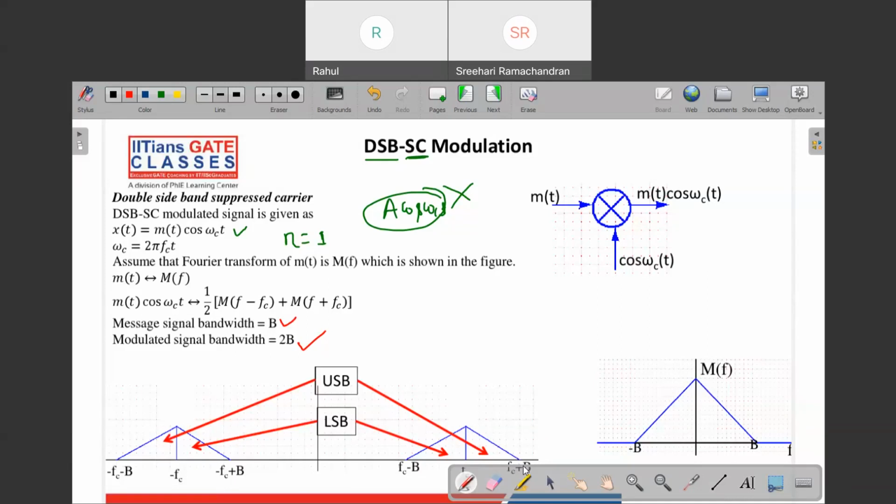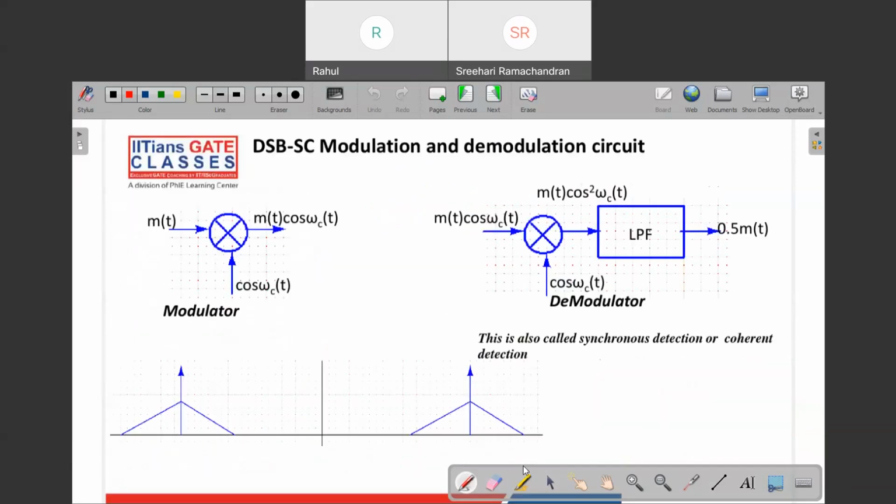Now let's see how we demodulate this. Demodulation of this DSBSC is very straightforward. You just take this modulated signal, which is m(t) cos omega ct, and multiply it with cos omega ct. Once you multiply these two, at the output of this multiplier you will get m(t) cos square omega ct.